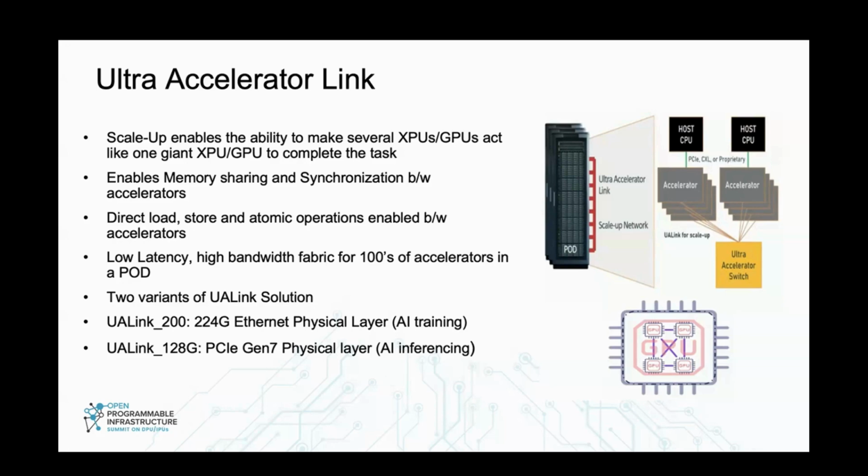This leverages the PCIe Gen 7 physical layer infrastructure, and it is mainly suitable for AI inferencing applications. The Ultra Accelerator Link will enable direct load, store, and atomic operations between the accelerators. That will save a lot of time and minimizes the overall latency contributed by the protocol.